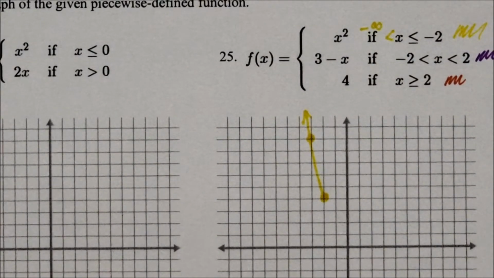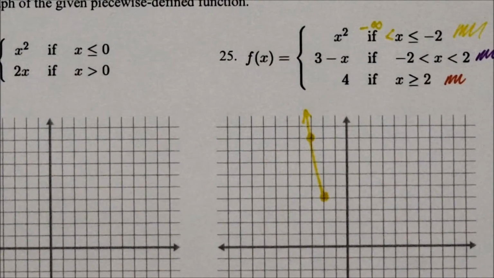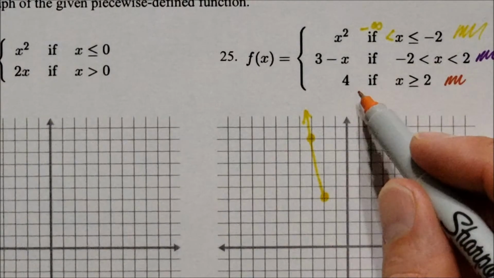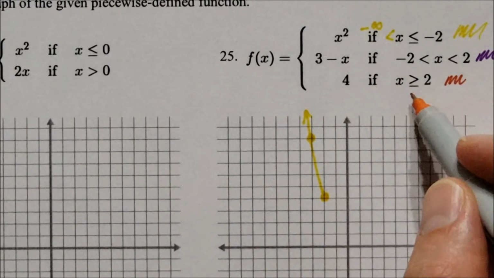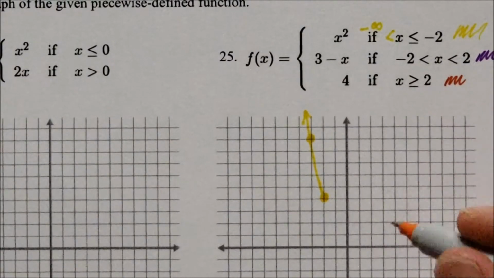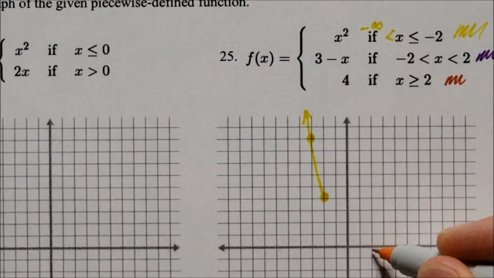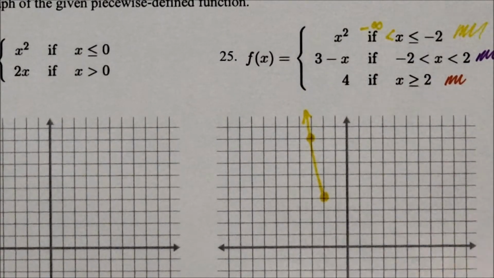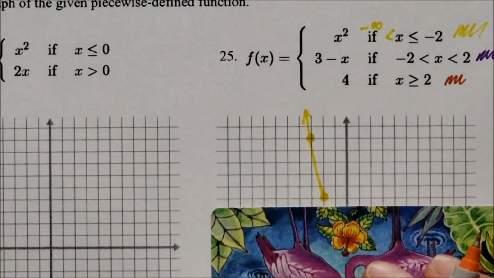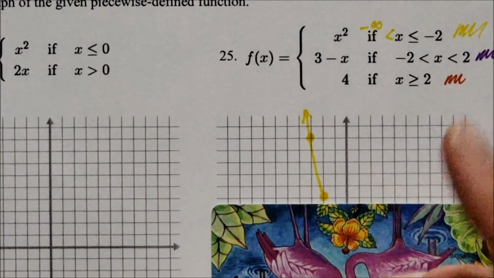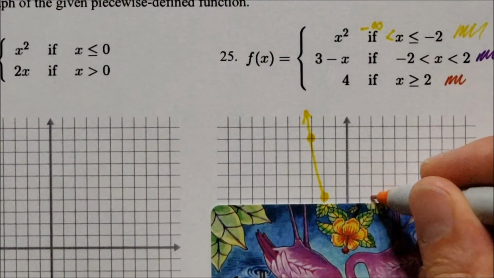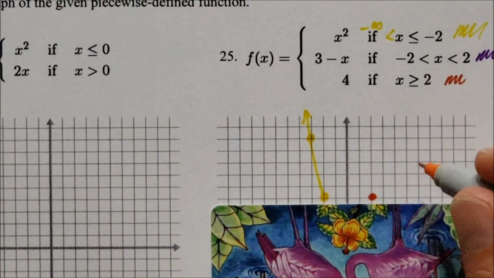All right, let's look at the rightmost portion, the orange. This is the constant function 4 if x is greater than or equal to 2. Well, here's 2 for x, and the constant function 4 is just a straight line at 4, where y is equal to 4. It's just along this line. At +2, it includes it because it's greater than or equal to, so it's a closed circle.